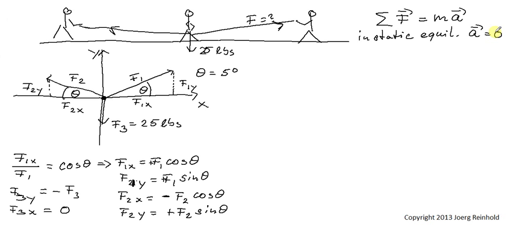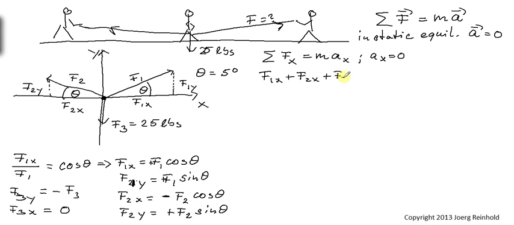I can apply this now for the x and the y components individually. The sum over all forces in the x direction, all x components, is mass times ax. And because a is 0, of course ax is also 0. What are all the x components? It is F1x plus F2x plus F3x, and that has to be 0.